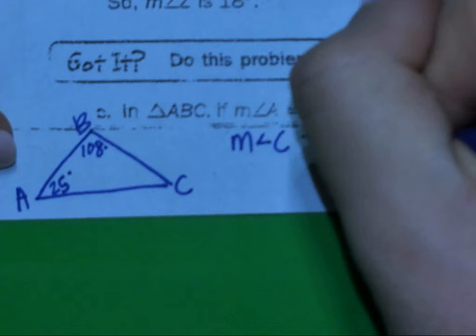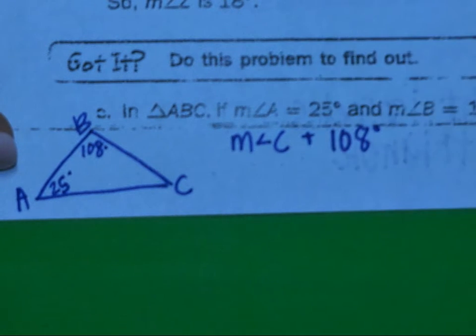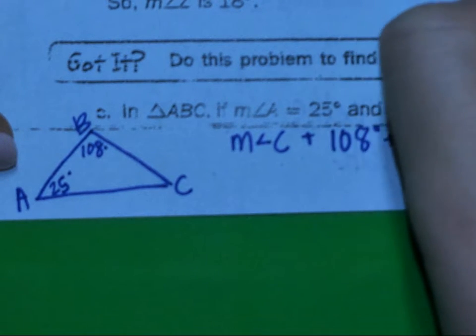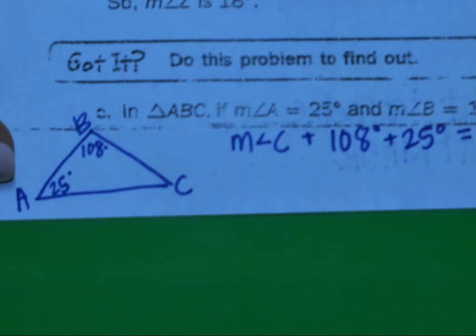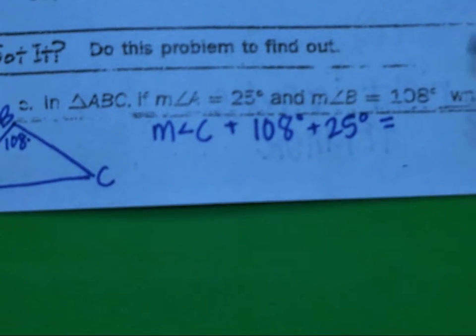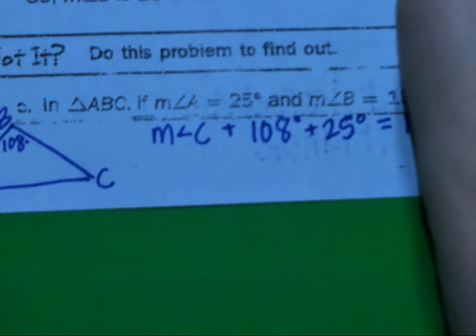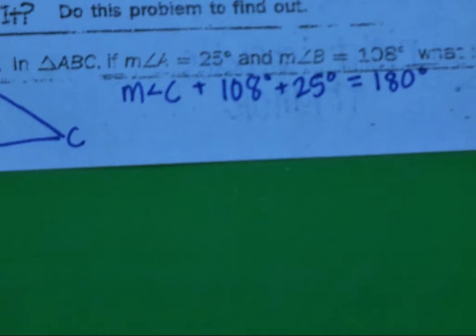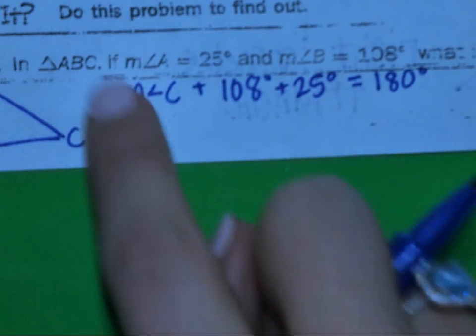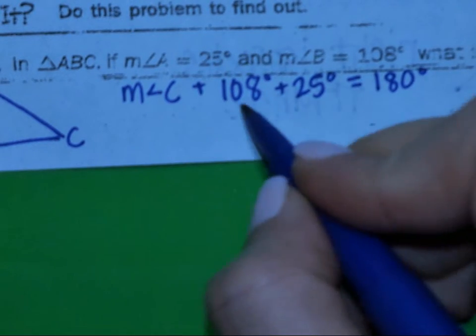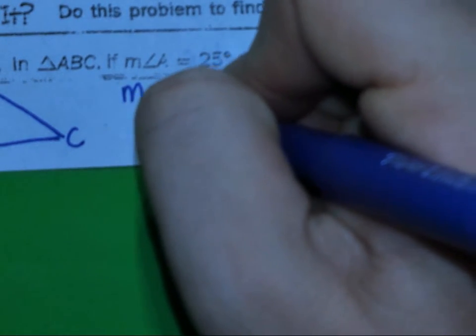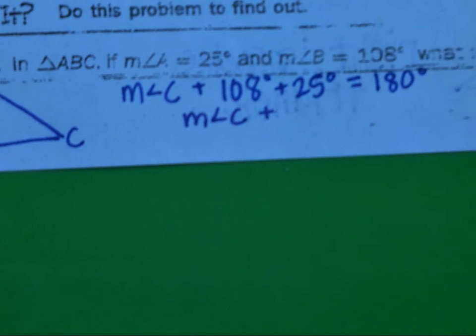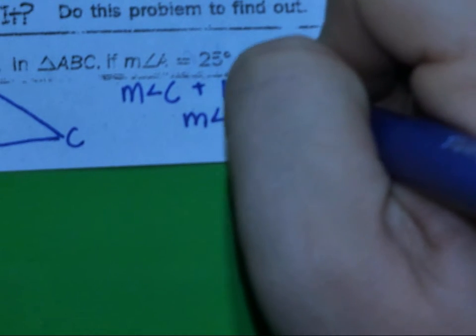Measure of angle C plus 108 degrees plus 25 degrees. What is that supposed to equal? 180. Remember that the sum of all three measures has to equal 180 degrees. So now I have an equation, so I can solve for my variable. So what is 108 plus 25? 133.